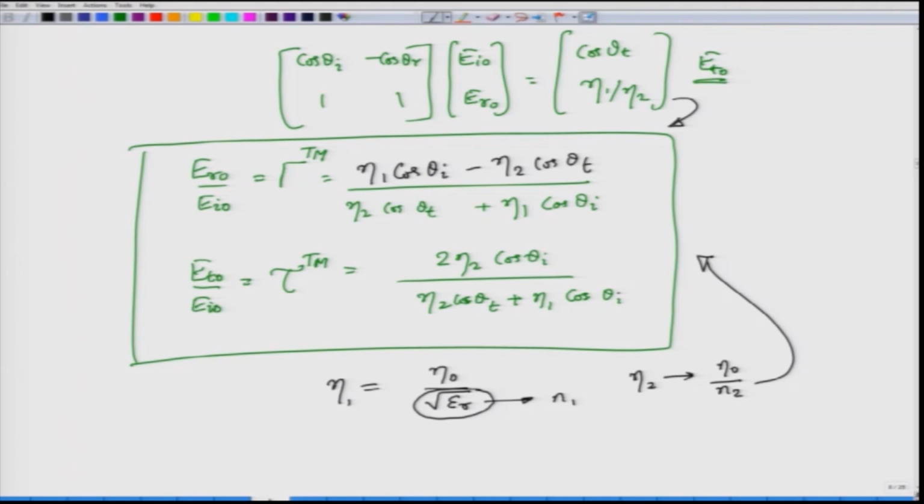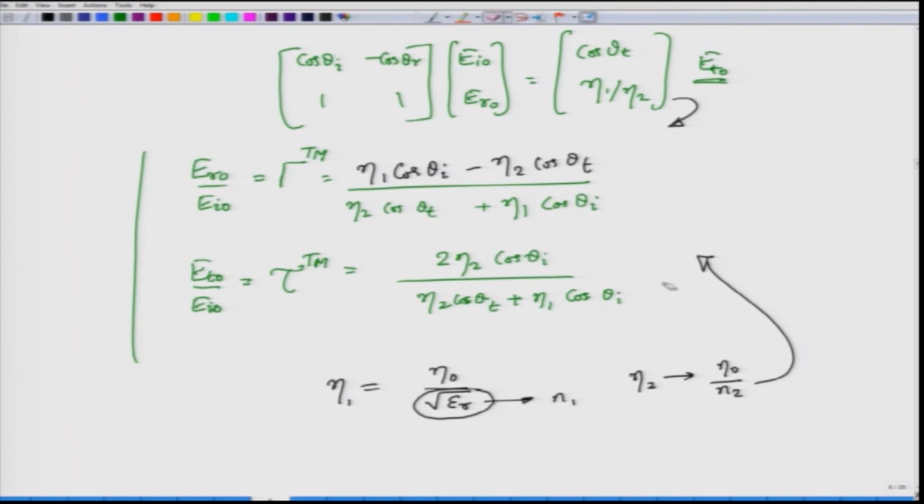Okay. So, I will do that simplification right here after hopefully erasing this. Yeah, I erased this box here. Now, I am going to replace this one. So, this expression will be cos theta I divided by n1, because eta 1 is proportional to n1, and because there is a proportionality constant eta 0 which would appear both in the numerator and in the denominator, that can be taken as a common factor and cancelled out.